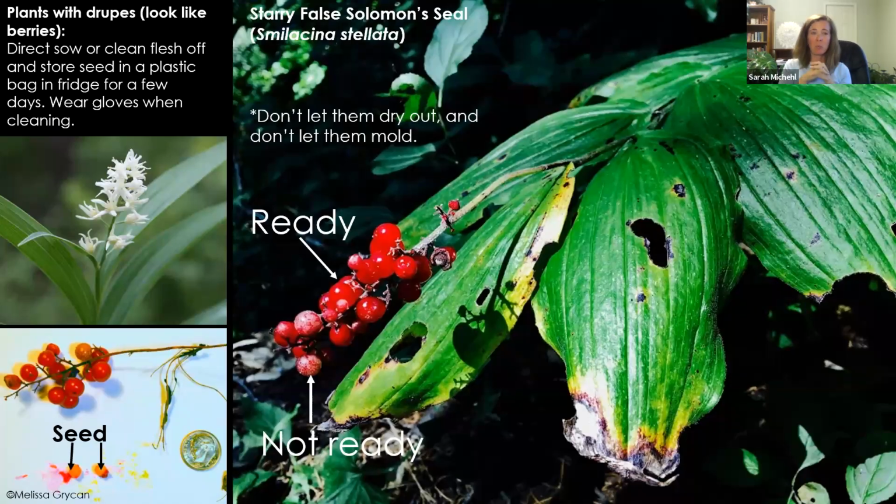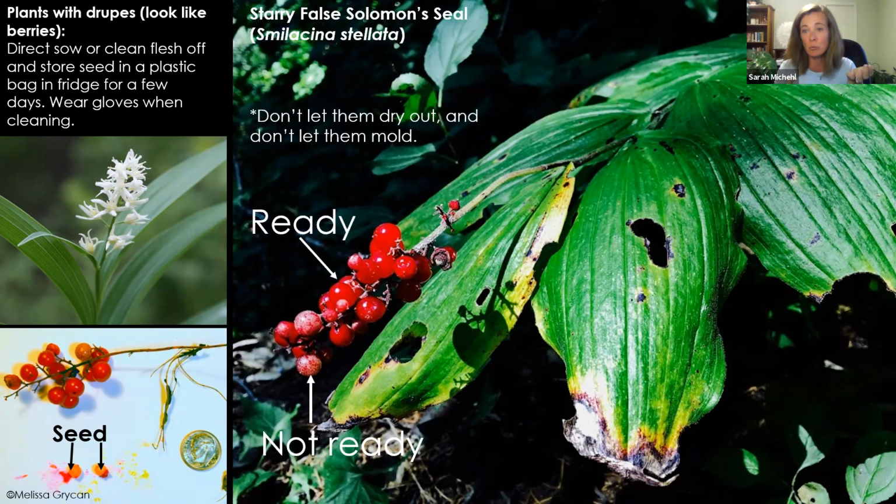Okay, so the next group we're going to talk about are plants with drupes. All right, so drupe is the correct botanical term for what you think is a berry. When you look at it, you're like, that's a berry. You see those bright red guys there? Technically, it's not a berry. It's a fleshy structure surrounding one seed.